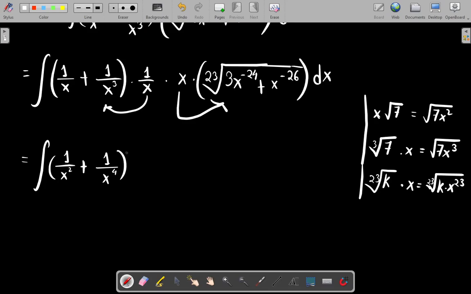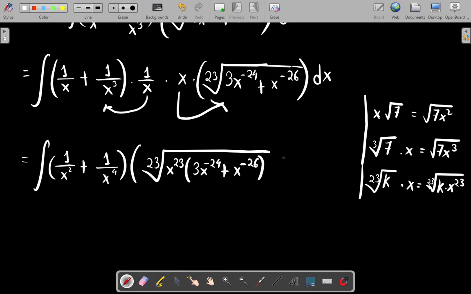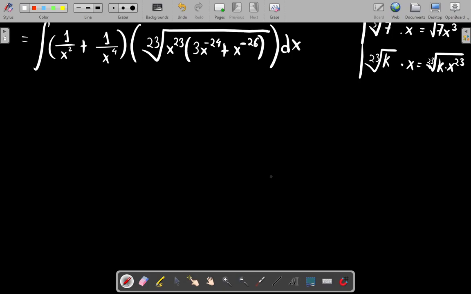So this is what I am doing. Inside the 23rd root, I'll multiply x to the power 23 with each of these terms. So this is 3x to the power minus 24 plus x raised to the power minus 26 dx, right?